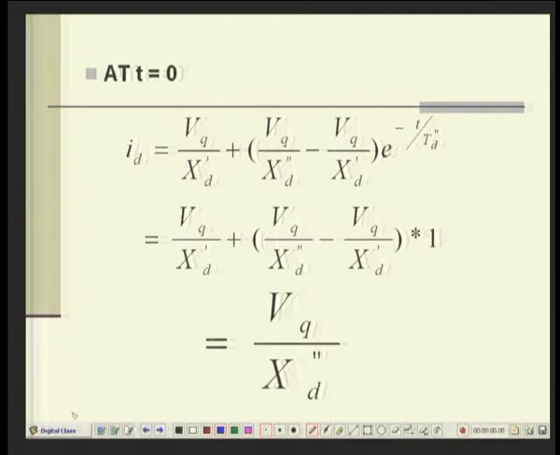Now, at t equal to 0, ID is equal to VQ by XT dash plus VQ by this, e to the power of minus T by TT double dash. Now, at t equal to 0, what will happen? This will become 1, it will be VQ by XT double dash, right.